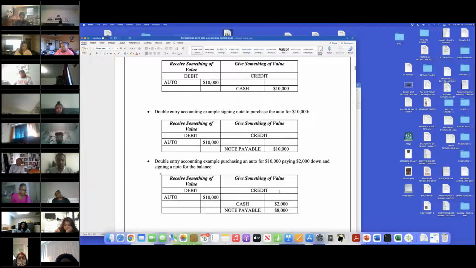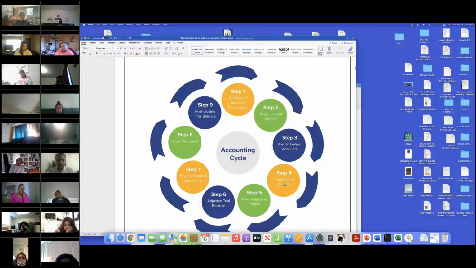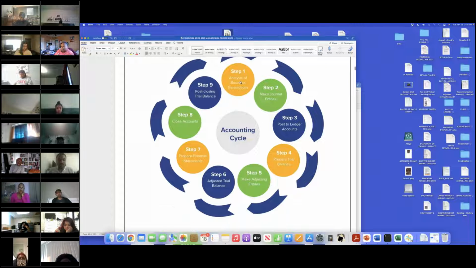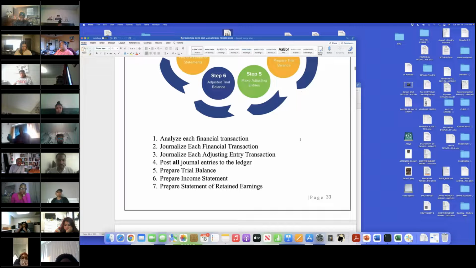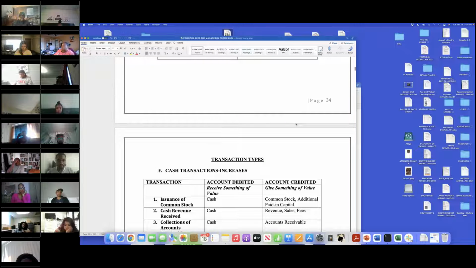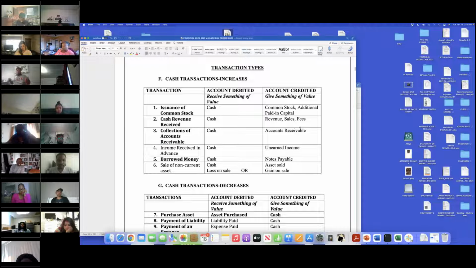So once again, we're just at steps 1 and 2 in this cycle, analyzing transactions and making journal entries. One of the things that I did, in terms of making it easy to make journal entries, I created the transaction types.